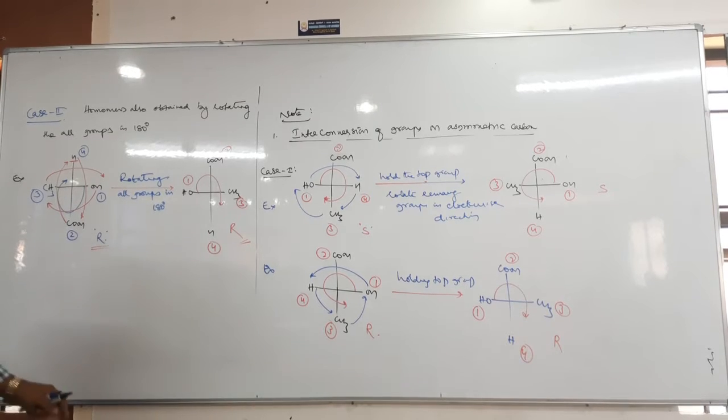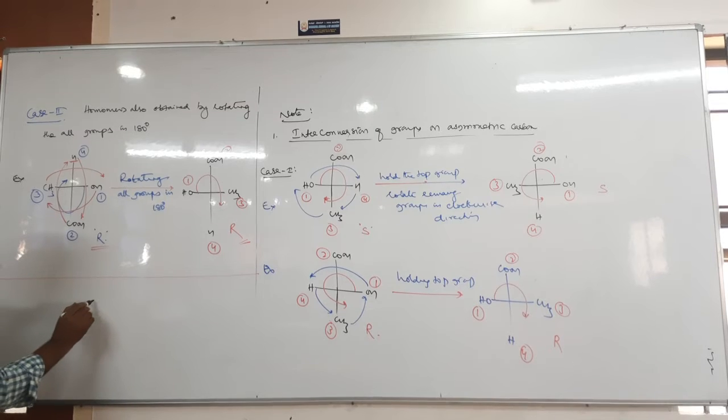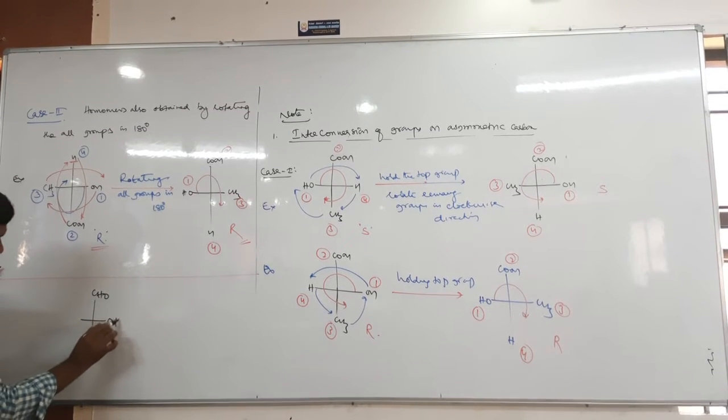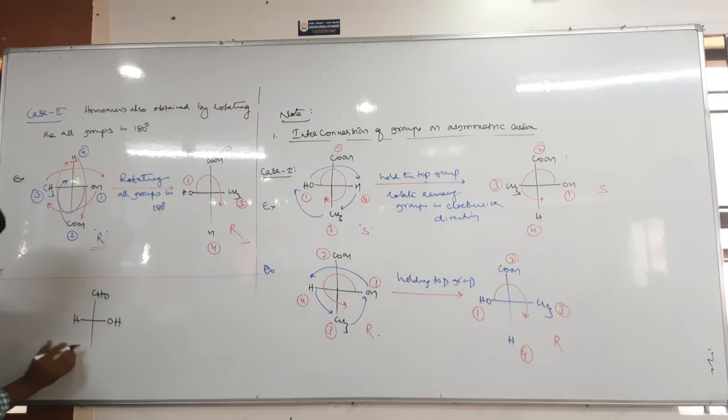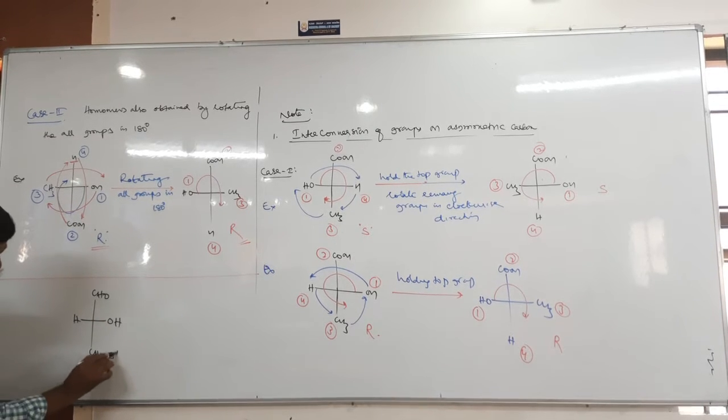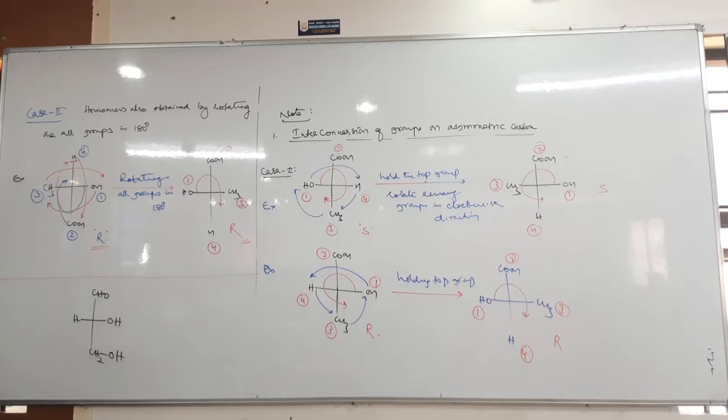Now suppose the question is given like this: it is an aldehyde group, this is alcohol, it is H, it is CH2OH. Now tell me, the question is to identify the configuration, whether R or S. Okay, to identify the configuration, what do we have to do?